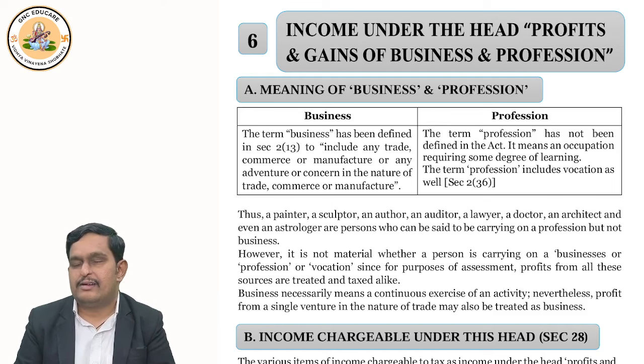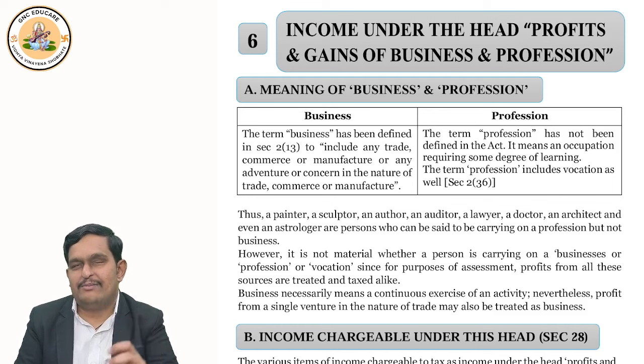Now what is adventure or concern? Business is almost a continuous activity in many cases. But there may be some cases where it may be a one-time transaction. In some cases, it may be a one-time event. So we call it adventure or concern.